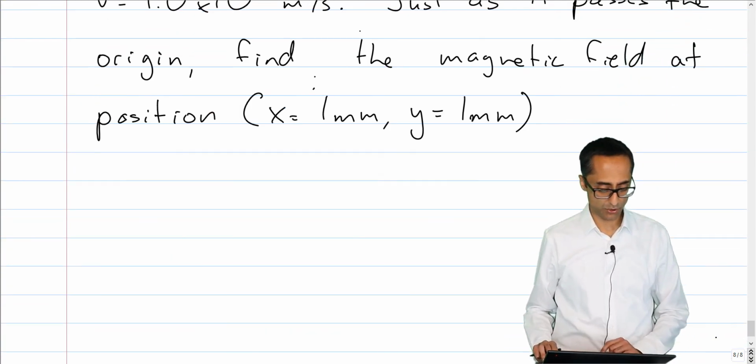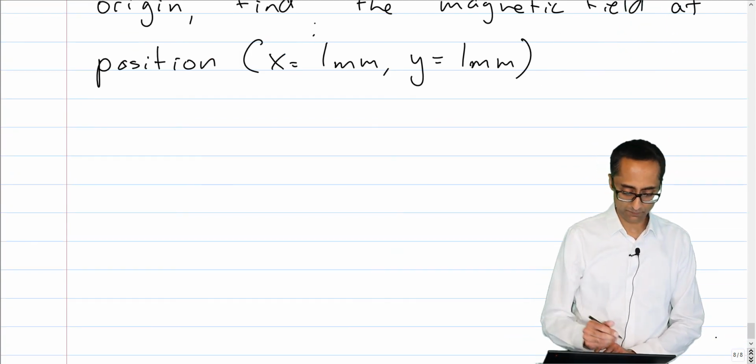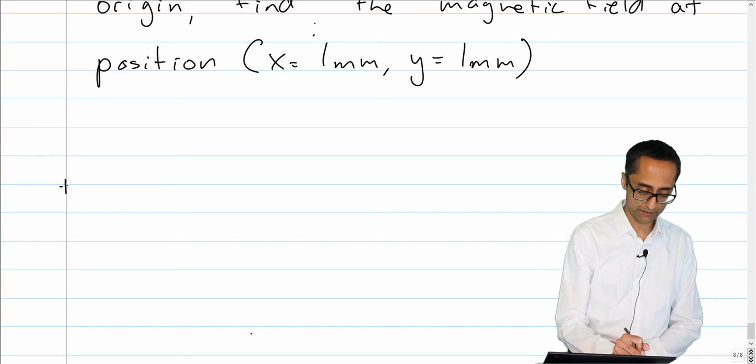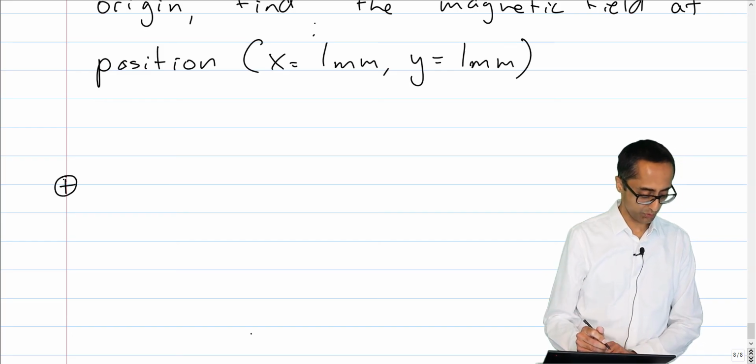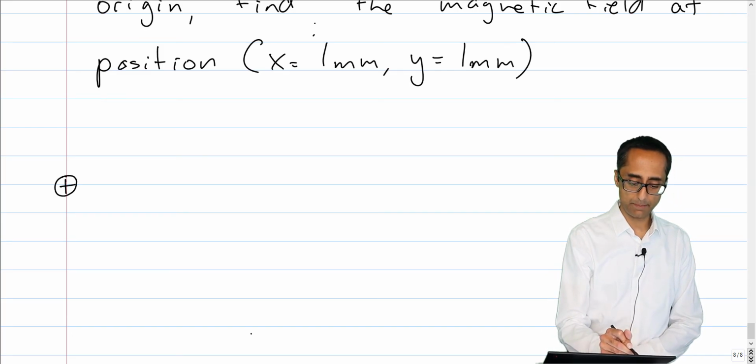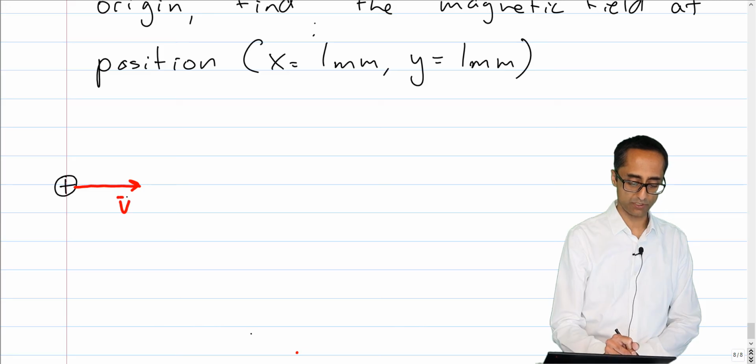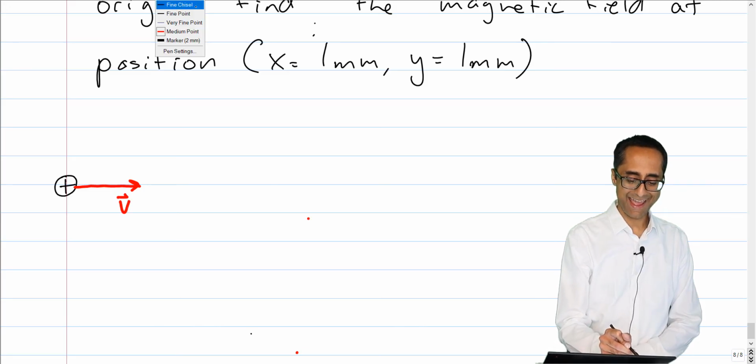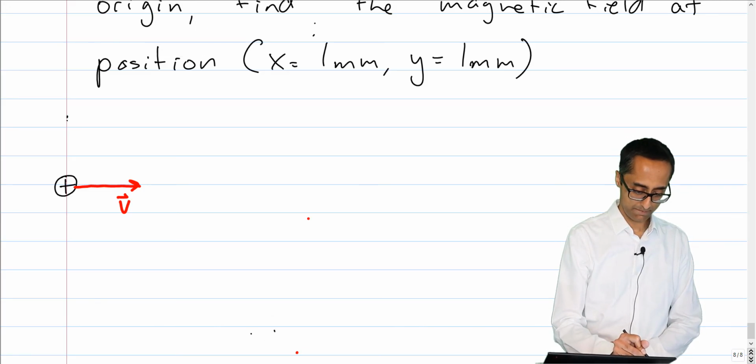And there should be a drawing with this, just to demonstrate what's happening. Consider this part of the question. We've got ourselves a positive charge, and it is moving in this direction. It was given in the positive x direction.